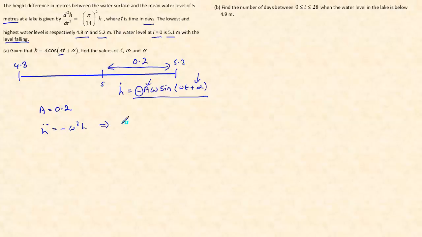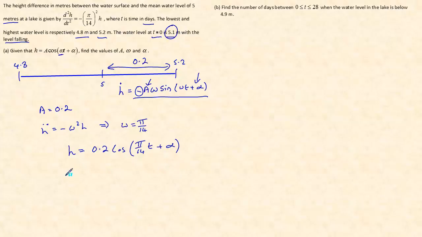So that follows that omega is π/14. So far then, we have that h, the difference in height, is 0.2 cos(π/14 t + α), and it's just the alpha that we need to find.